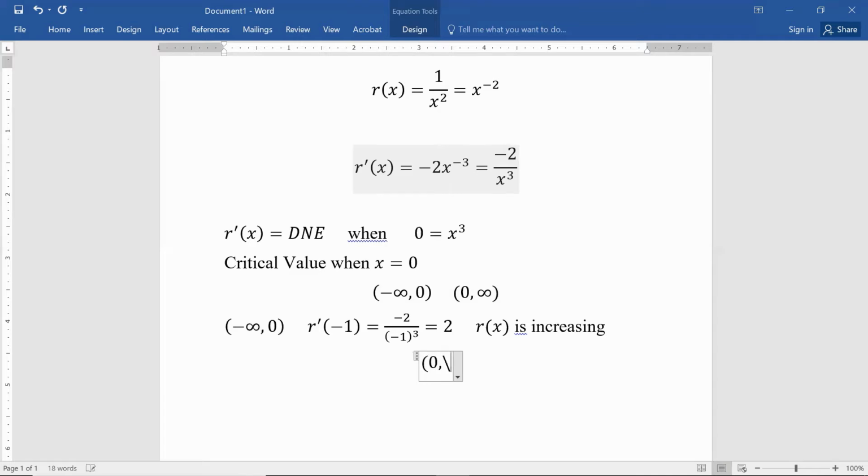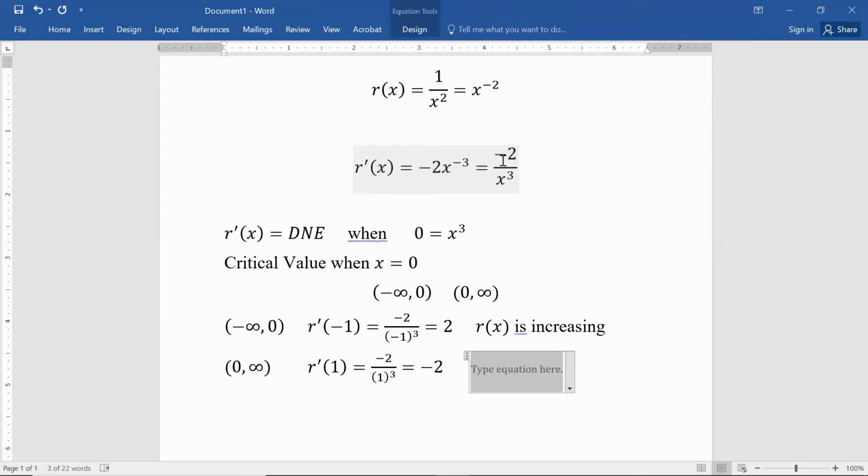If I look at the other interval, that is the interval from 0 to positive infinity, I can do a similar thing. Let's plug in x value of 1. When you do that, your output will be negative 2 over positive 1 cubed. That's a negative 2.